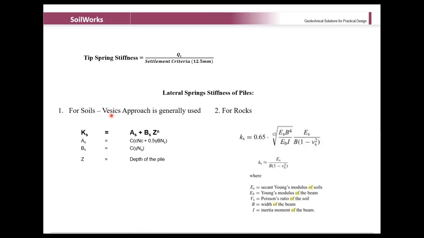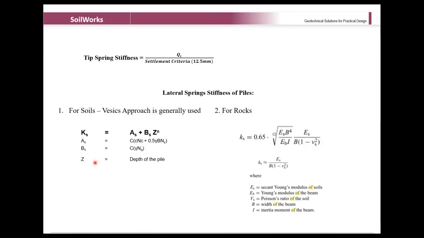So in this basics equation, what we do is we calculate the spring resistance, that is your Ks, along the depth. So we can see there is an AS and this is your BS. These two are coefficients and multiplied with a Z power n. So we calculate the skin resistance that comes in the AS, and we calculate the BS as well, and Z is nothing but along the length of your pile.